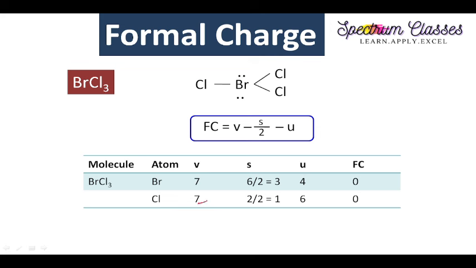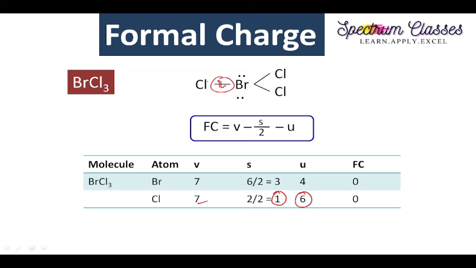Here Cl has 7 valence electrons and each Cl has 1 bond. So I have written 1 bond; or you can write it this way: 2 electrons are shared by 2 atoms, so 2 divided by 2, which gives 1. Now the number of lone pairs.